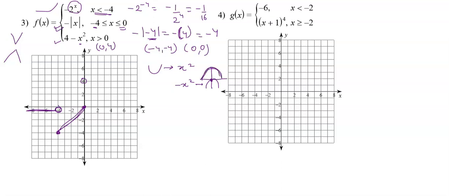So it will just shift upward by 4 units, and because x is greater than 0, it will not go to the left side, it will just be on the right side. So it is like this. It is a parabola, right? Good. So this is how the graph looks.